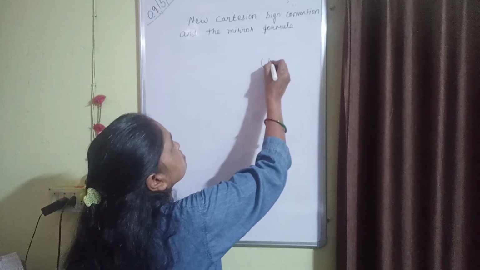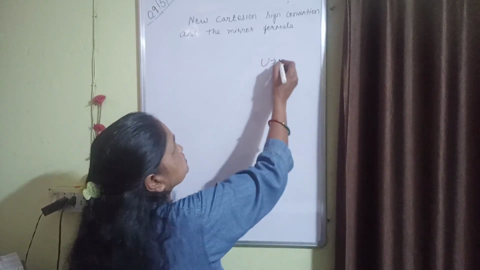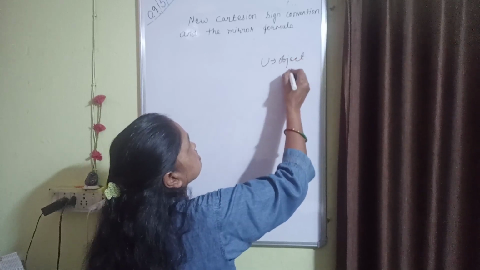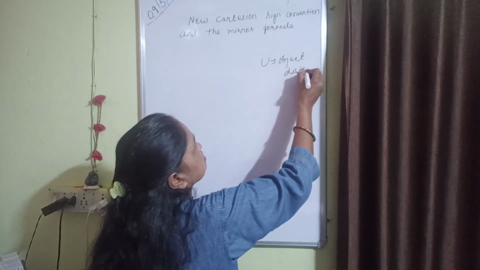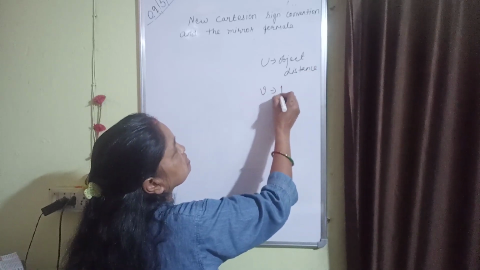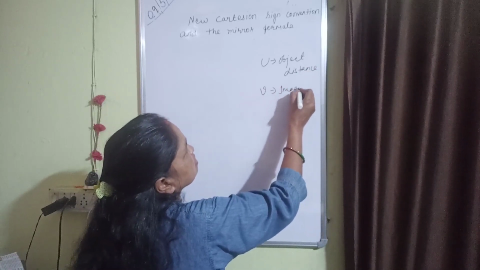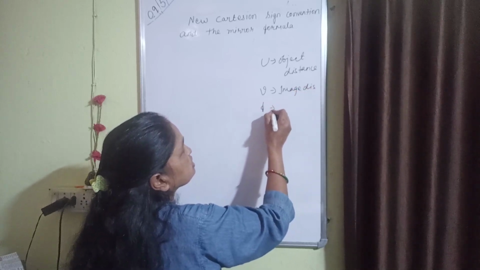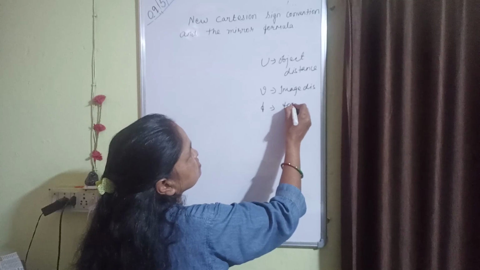U denotes object distance. V denotes image distance. F denotes focal length.